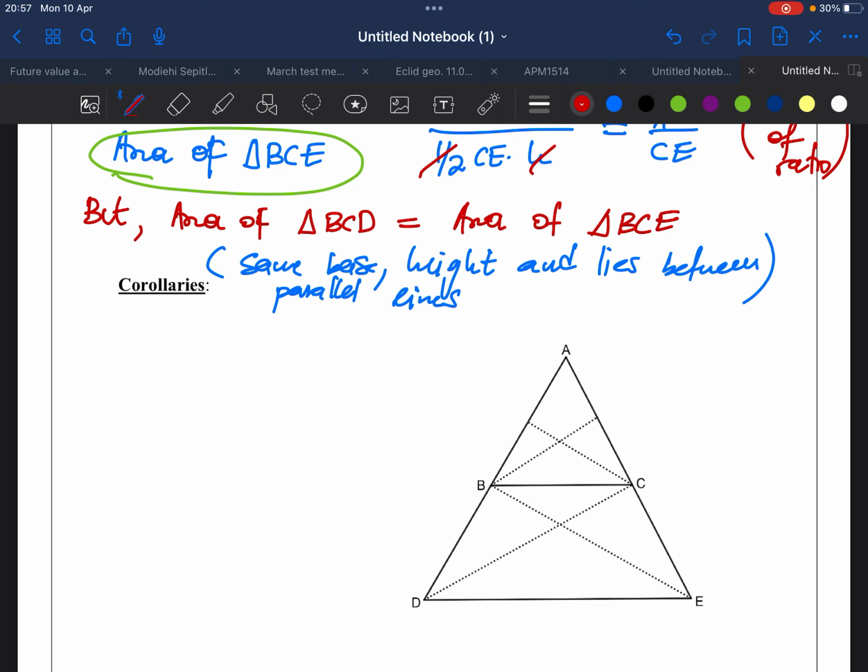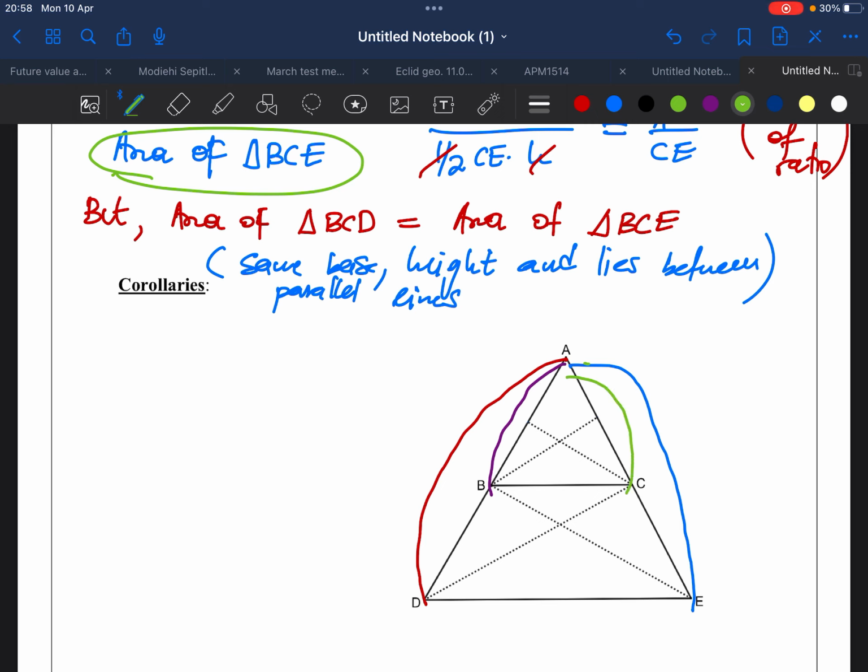Let's say we want to find AD over AB, and also AE over AC.